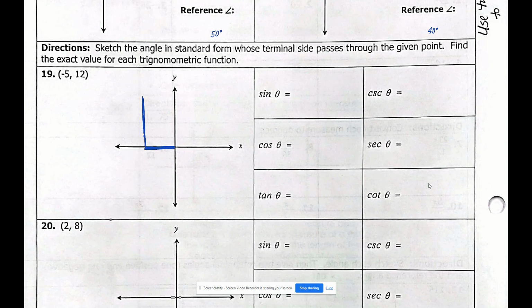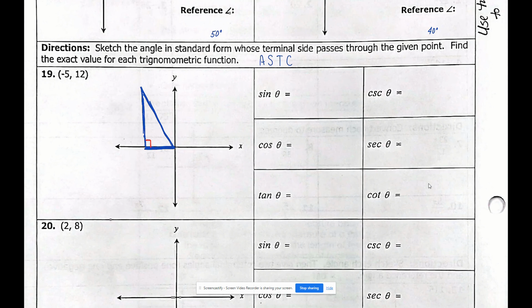In fact, let me just tell you this, because we're going to get back to it soon. There's this little saying: All Students Take Calculus. And what that tells me is this, and listen to this real quick. I didn't go over this yesterday, and it doesn't really matter.